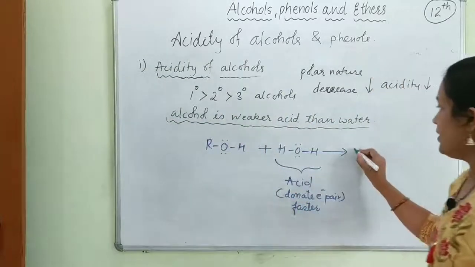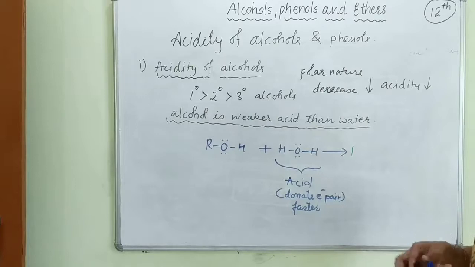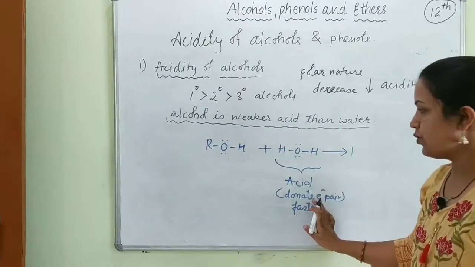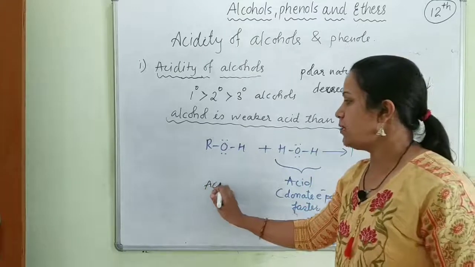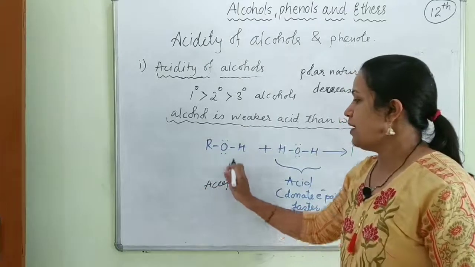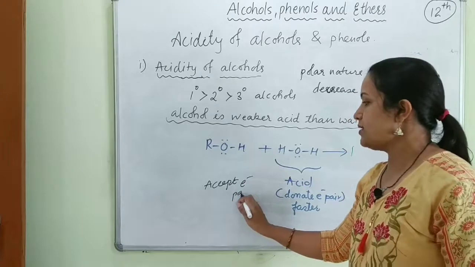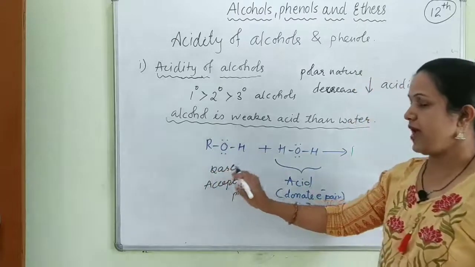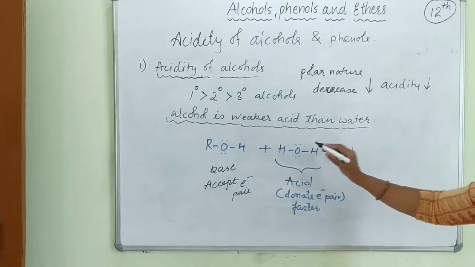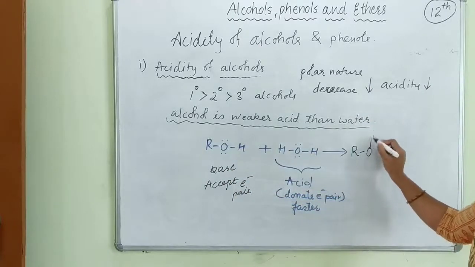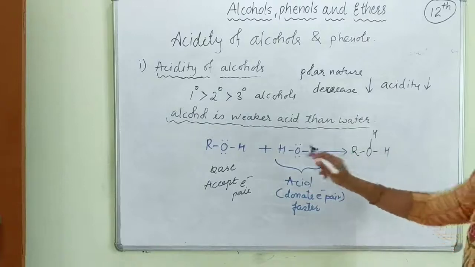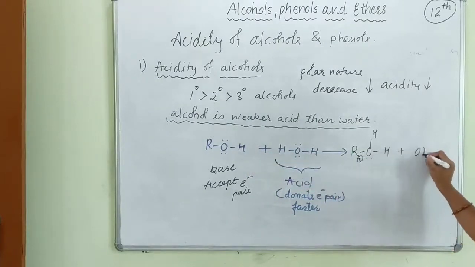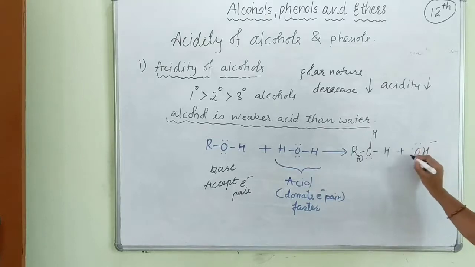Alcohol accepts the electron pair and reacts as a base, and hence we get this product, with H and H here taking an electron pair, and then it becomes OH negative.